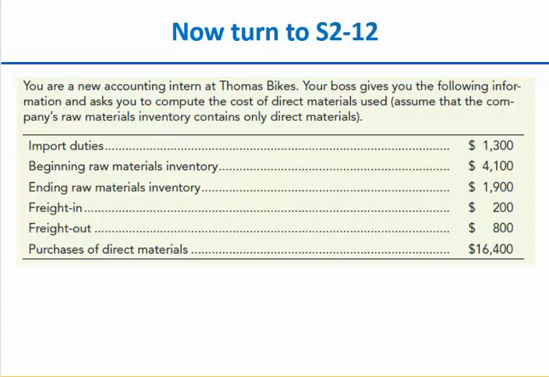You have import duties, beginning raw materials inventory, ending raw materials inventory, freighting and freight out, and the purchases of direct materials. This question is asking only for the cost of direct materials used, so let's focus on that. I'm going to use an Excel worksheet to show you the mathematical steps to find the solution.